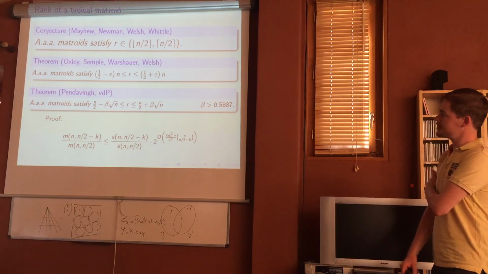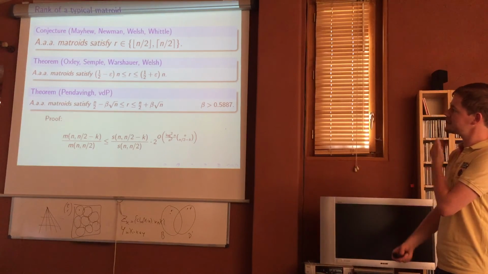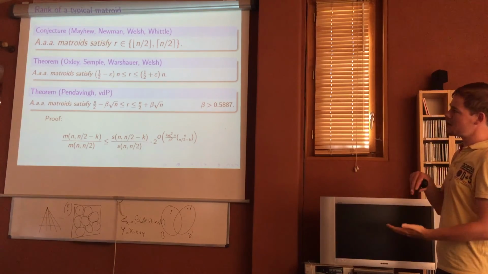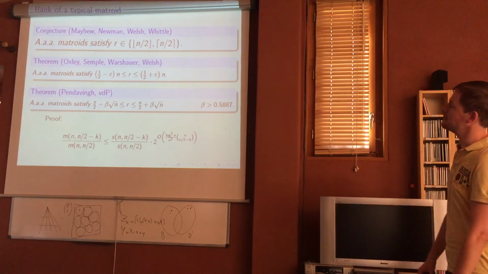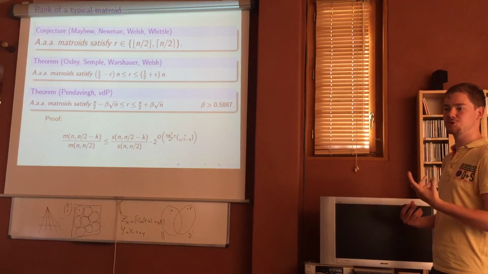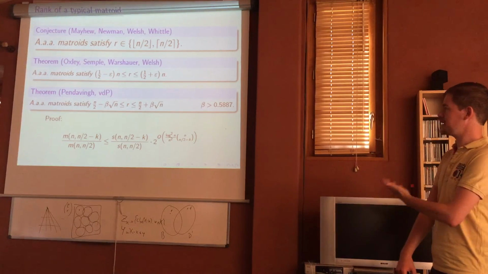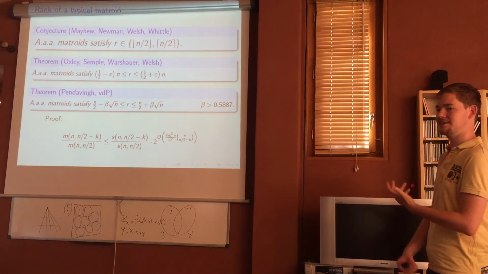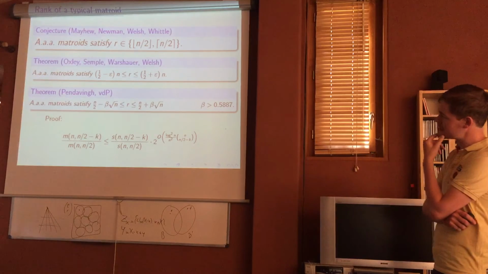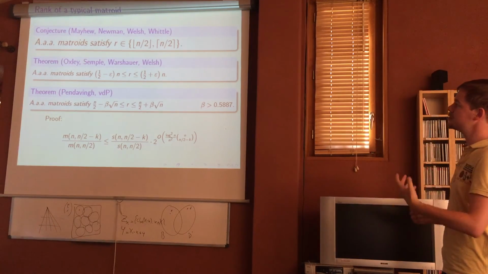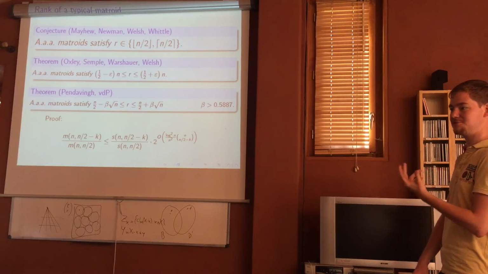Okay, so there's another conjecture that I'd like to talk about, which states that almost all matroids have rank equal to n over 2 basically. This is maybe what you would expect, in some weaker sense, perhaps, that there are many matroids that have rank close to this.